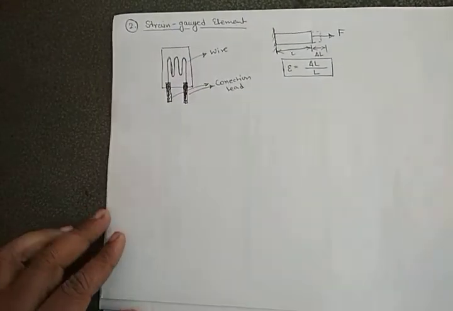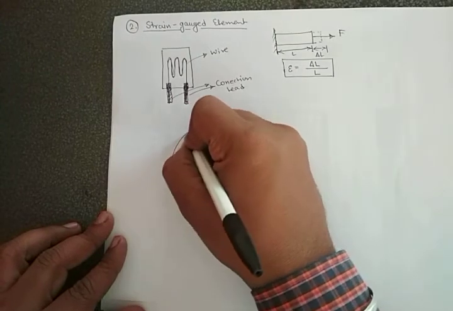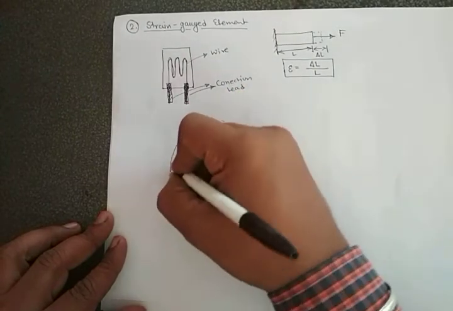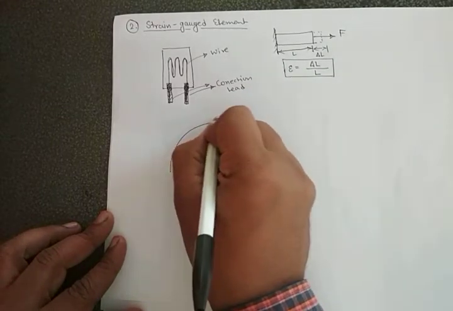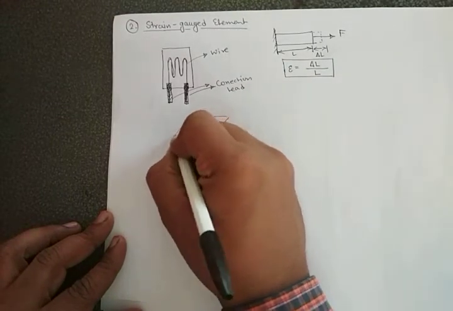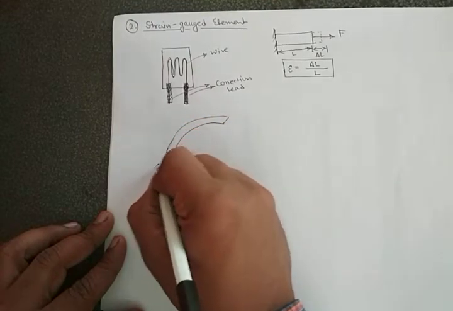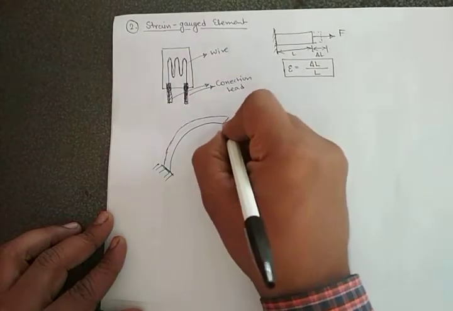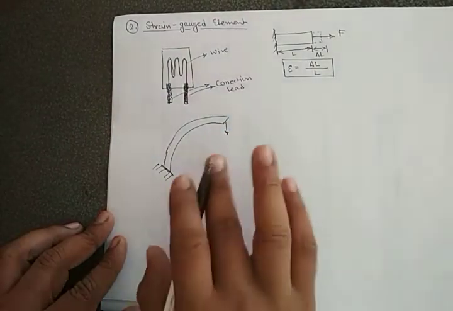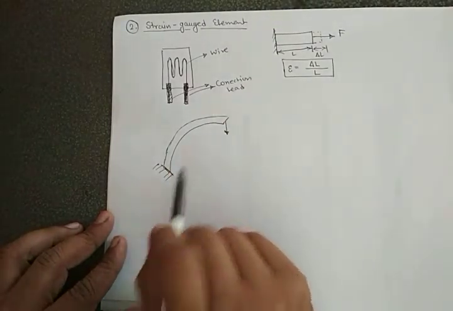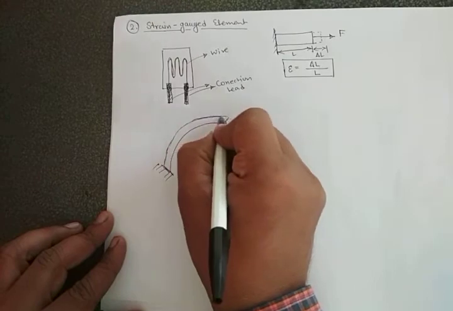Now how does it work? If there is one curved beam like this, having some thickness, and it is fixed at the bottom, and you put some load over here, are we able to measure the strain created in this beam?